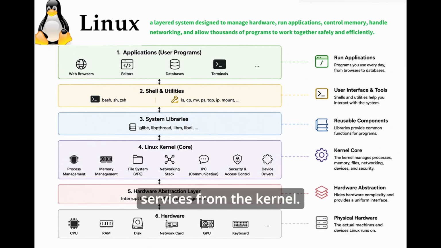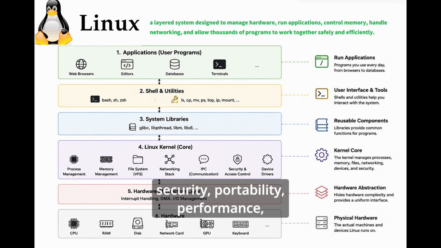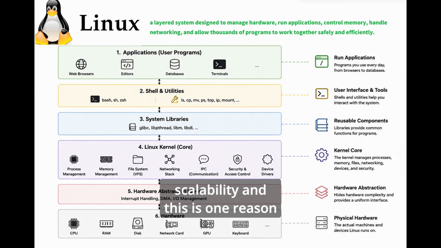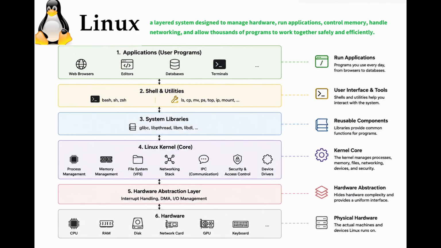Applications request services from the kernel. The kernel then safely interacts with the hardware. This design improves stability, security, portability, performance, scalability, and this is one reason Linux became so successful.